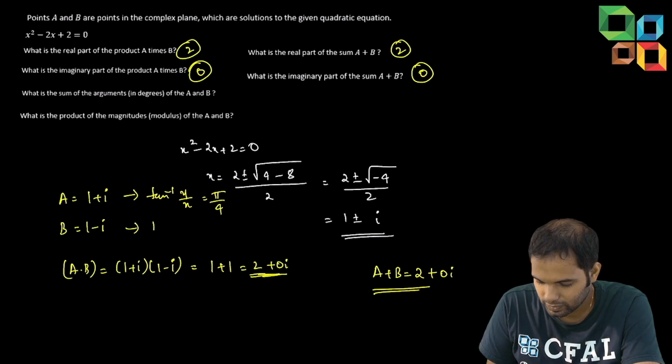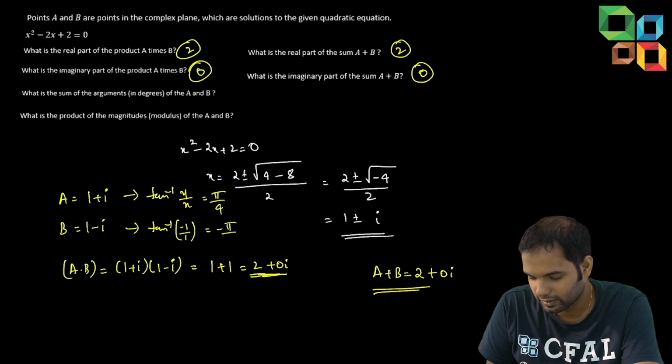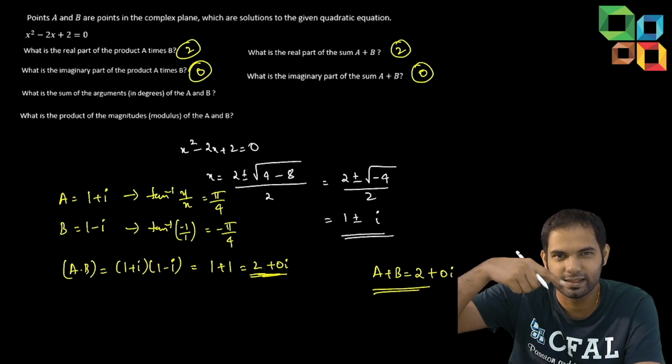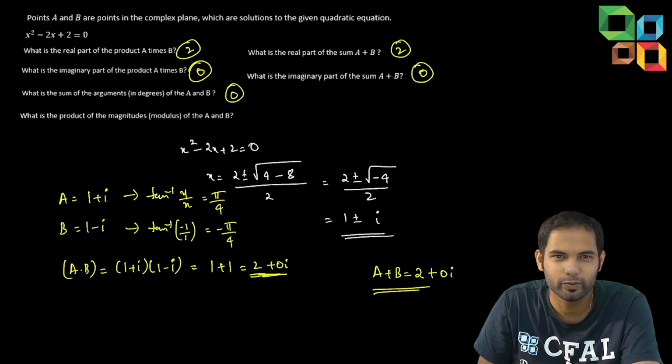Next case, tan inverse of minus 1 by 1. We have already seen this, it's nothing but tan inverse of minus 1. We see the negative direction, minus pi by 4. The sum is pi by 4 plus minus pi by 4, which is 0.